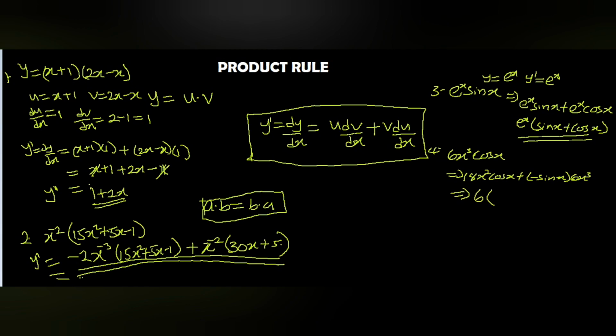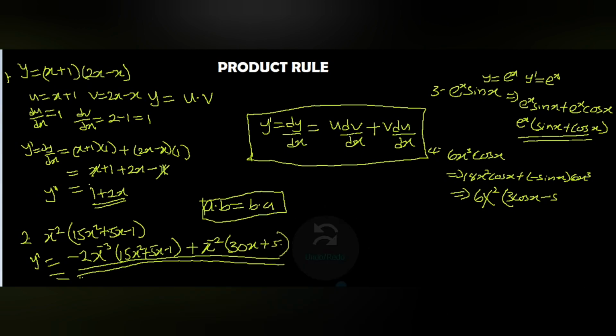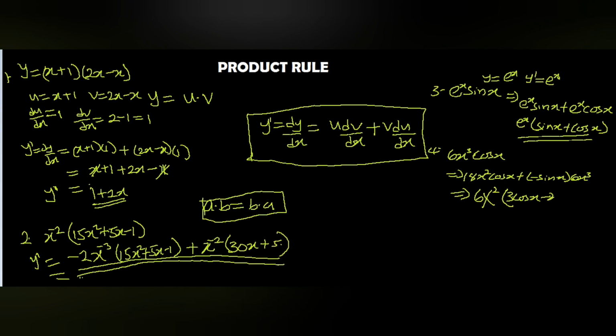You can put 6 outside, then this you can put 6x squared outside, and this will reduce to 3 cos x minus x sin x. So this is our answer for this.